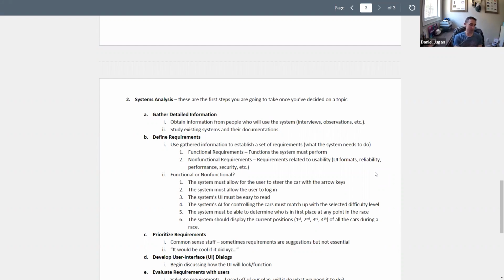Okay, does it need to have certain security measures? So the information that we are putting into the system or writing to the system has to be encrypted. Are we dealing with medical records that need more security than just plain text? Okay, so all of those things that describe how things are done would be non-functional requirements.